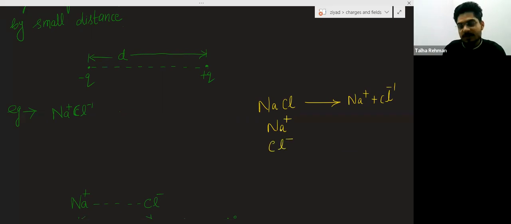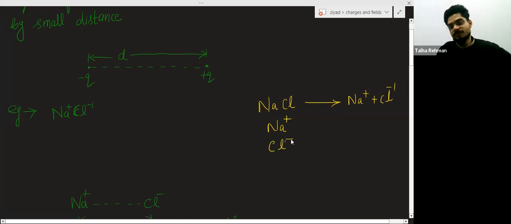Cl negative means you have given 1 electron. So on chlorine there will be a charge equal to that of an electron, and on sodium, Na positive means it will have a charge equal to that of a proton.